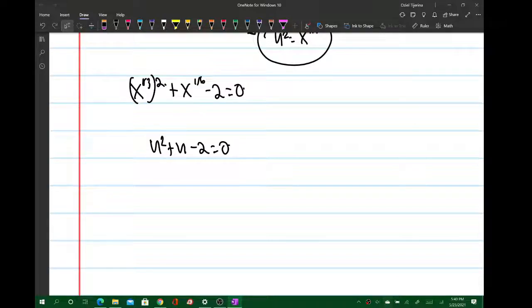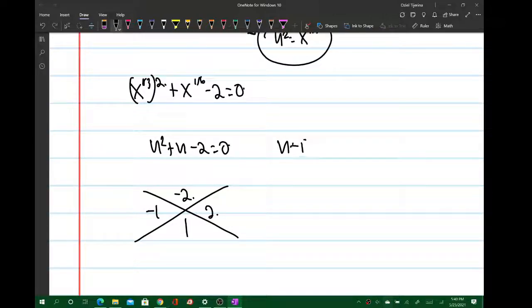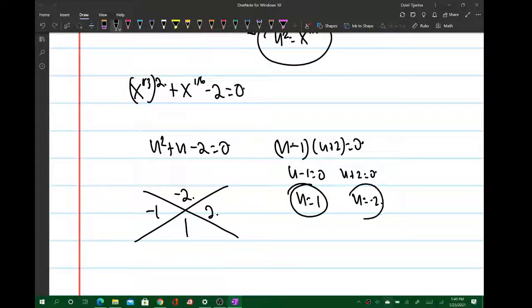And then we solve for u. 1 times negative 2 is negative 2, and then we have our b term, which is 1, so it would be negative 1 and 2. That means that u minus 1 times u plus 2 equals 0, so u minus 1 equals 0, u plus 2 equals 0, so u equals 1 and u equals negative 2, okay?